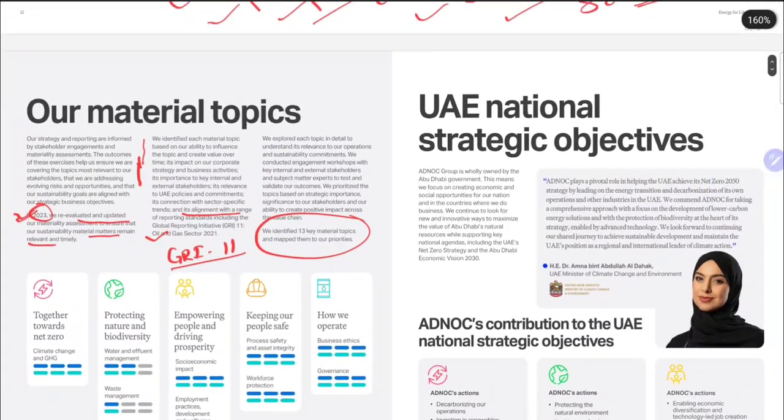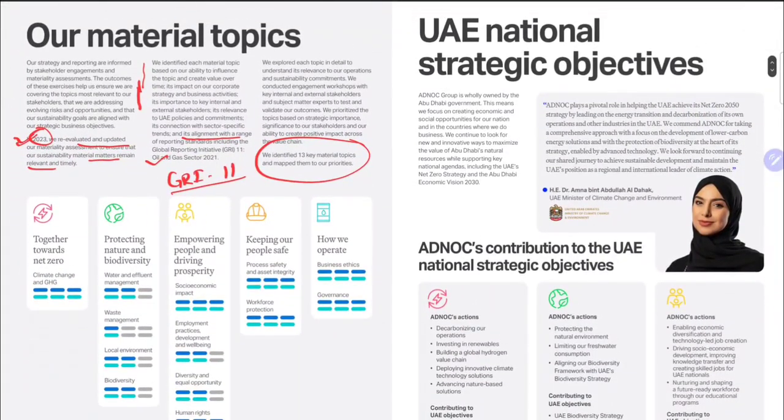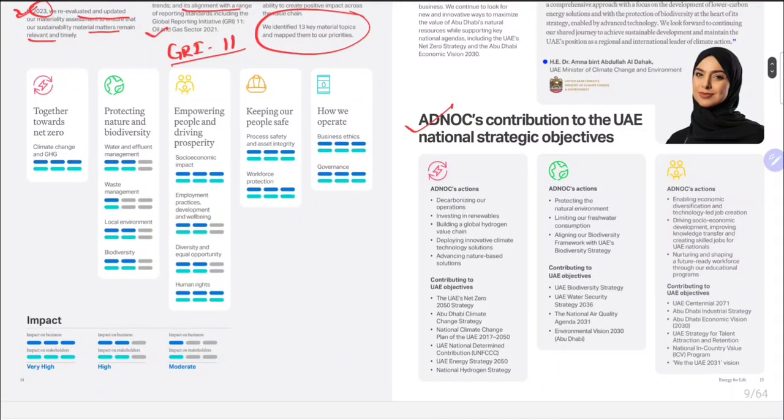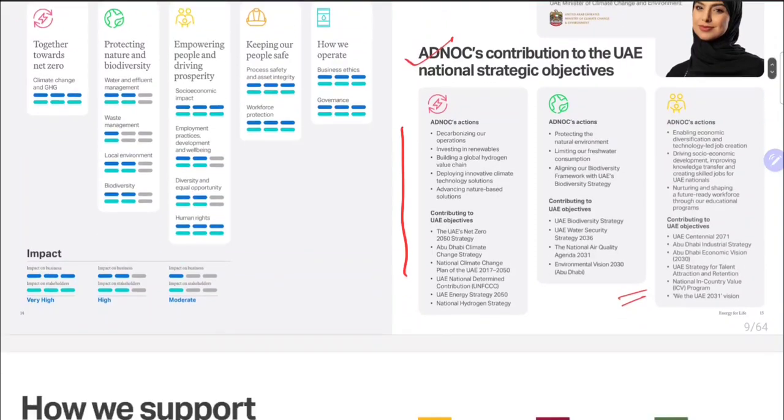Then the company has given information about the UAE's national strategic objectives and the company's contribution to them. This information will support your sustainability report and ESG report, the data related to environmental, social and governance.